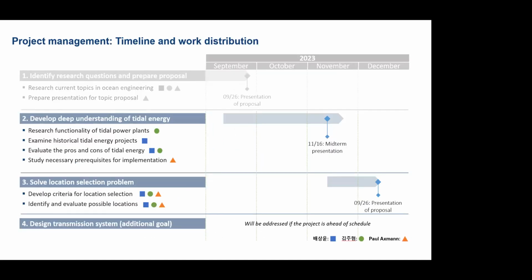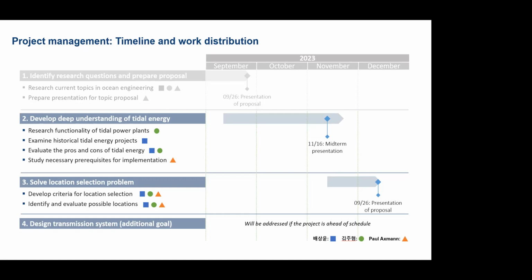The graph represents the timeline and work distribution of our project. In today's presentation, we developed a deep understanding of tidal energy. We researched the functionality of tidal power plants, examined historical tidal energy projects, evaluated the pros and cons of tidal energy, and studied necessary prerequisites for implementation.